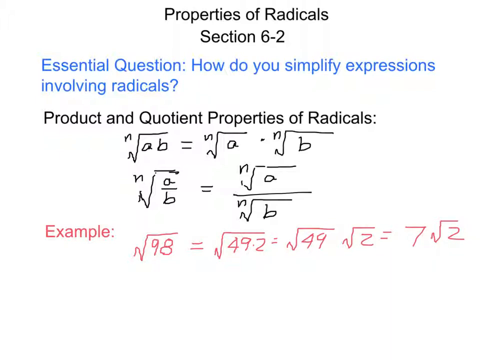Similarly, let's say we have the cube root of 81 over 8. So using the quotient property, I can rewrite this as the cube root of 81 over the cube root of 8.